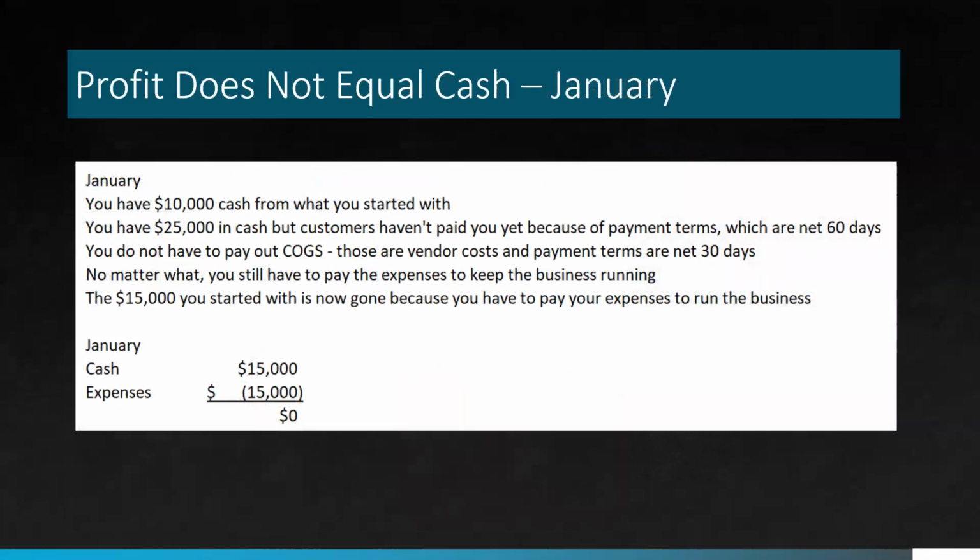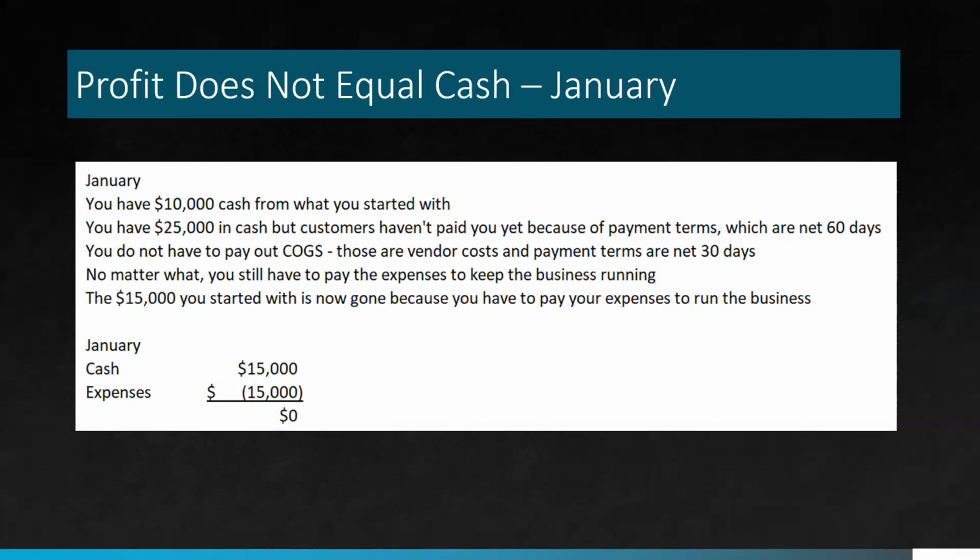Okay, so in January, you have, it says 10,000 on the screen, but you have 15,000 in cash. Remember, that's what you started your business with. And you have $25,000 in sales, but the customers haven't paid you yet because your payment terms are net 60 days, which means I've created your website for you and I say to you, here's a bill, and it has to be paid within 60 days.